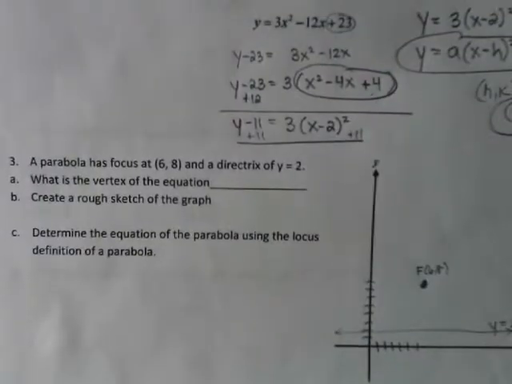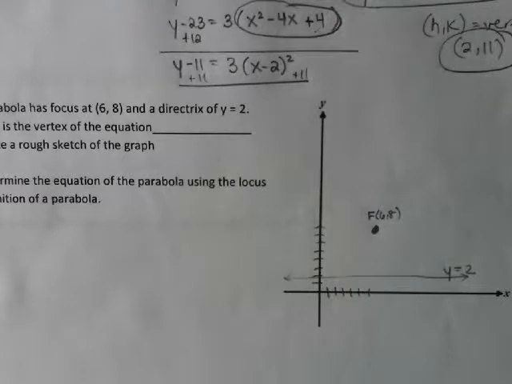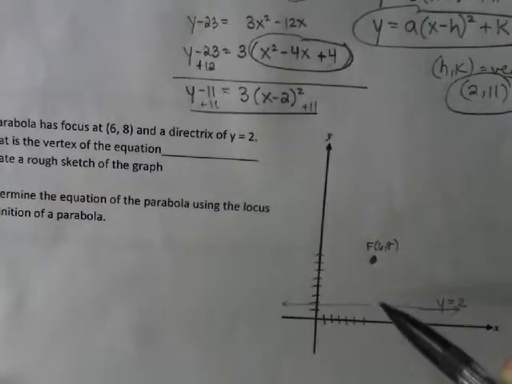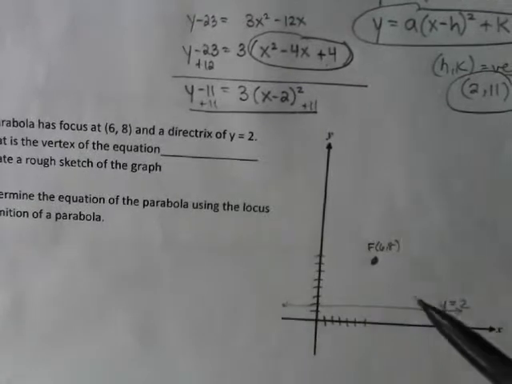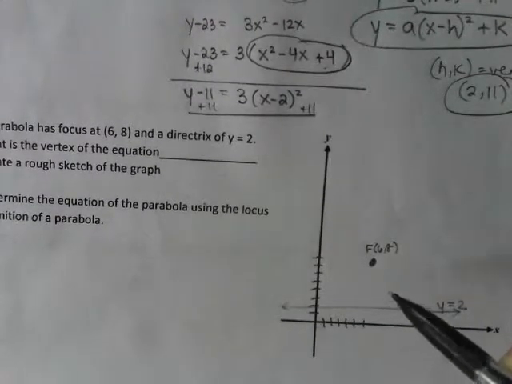Okay, now where is the vertex always in relation to the focus and the directrix? Where's the vertex of the parabola? Always perfectly in the middle. So you can just always count that out if you want to. Really, coming up with the coordinates isn't necessary, but it's a good checking mechanism.